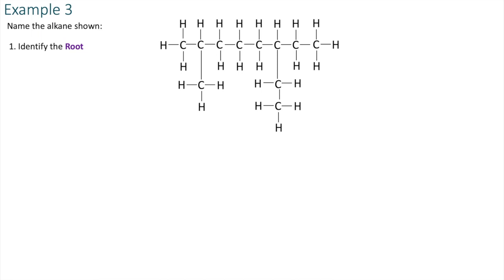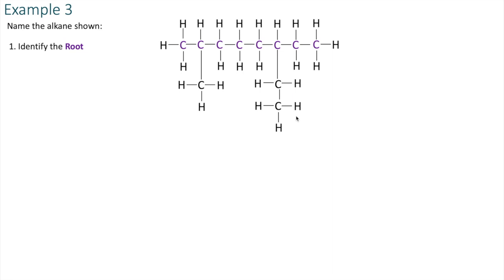And if we take a look at this molecule right here, we see that this is the longest continuous chain of carbons. We have 1, 2, 3, 4, 5, 6, 7, 8. Note that I could have also continued numbering this way and gone 1, 2, 3, 4, 5, 6, 7, 8. You would get the same answer.